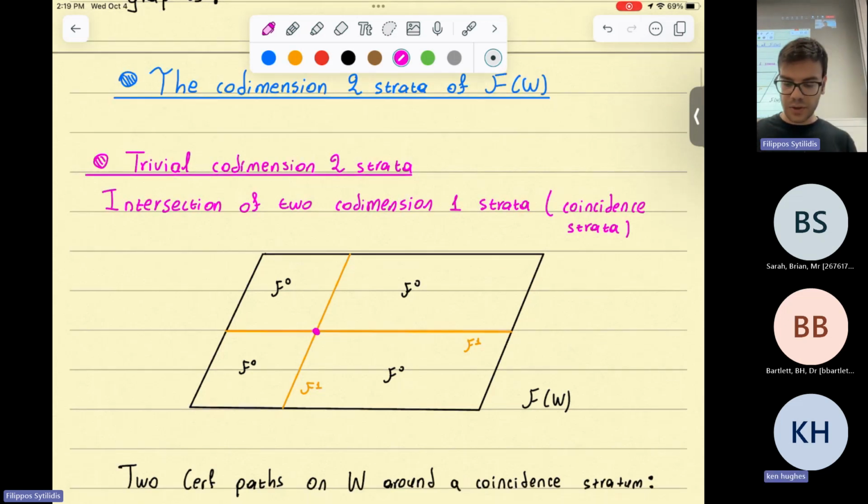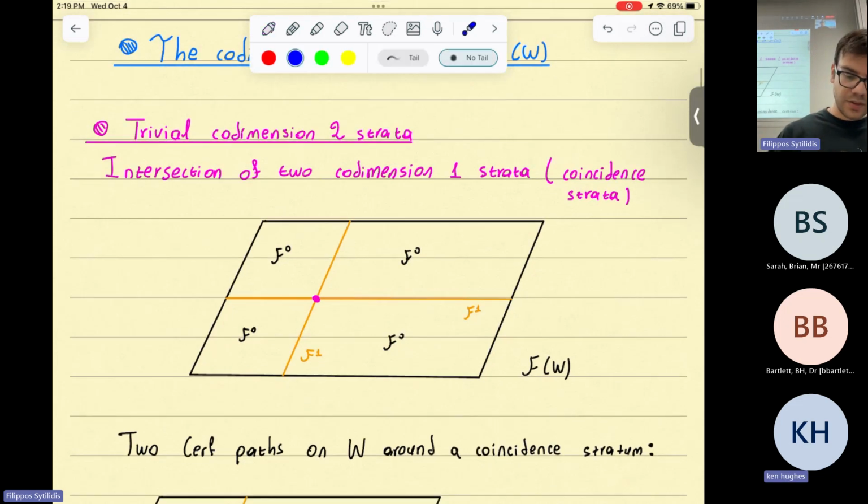And I'm going to start from some very, hopefully easy ones, and then gradually we'll get some more complicated ones. The first thing that I'd like to do is separate this codimension 2 strata into two big families, one that I'm calling trivial and another that is going to be non-trivial.